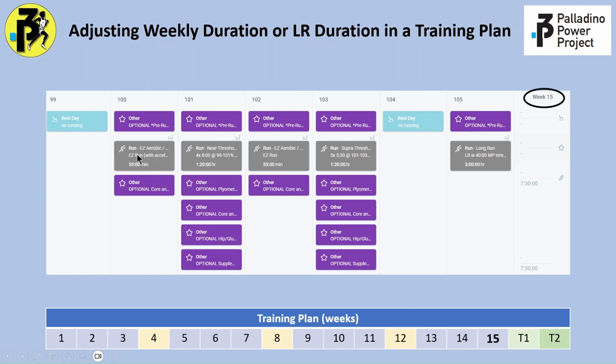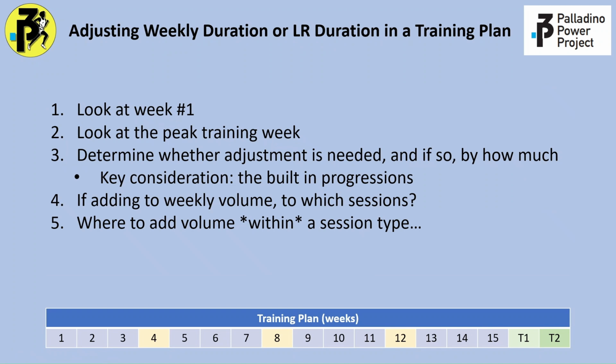So if that seems reasonable to you, then that's the way to do it. All right. So now we've determined we're going to add 5 minutes in easy run. Okay, that's pretty simple. We're adding 5 minutes of less than or equal to 80% of CP. That's not a big deal.